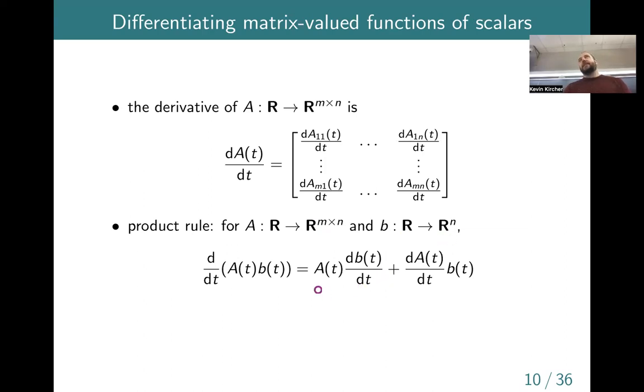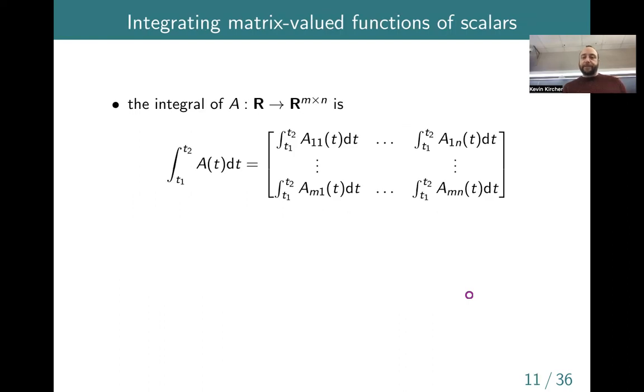Just like in freshman calculus, you learn that the derivative of the product FG is F prime G plus FG prime, right? So this is that kind of formula. We have A times the derivative of B plus the derivative of A times B. So this will come up later in this lecture.